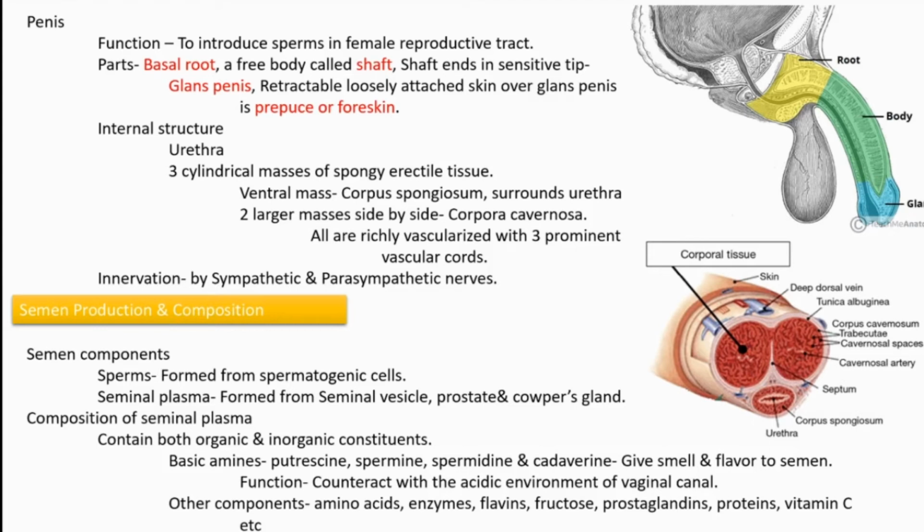All these masses are richly vascularized, meaning they are richly supported by blood vessels, by three prominent vascular cords. Then innervation: the penis is supplied by sympathetic and parasympathetic nerves.